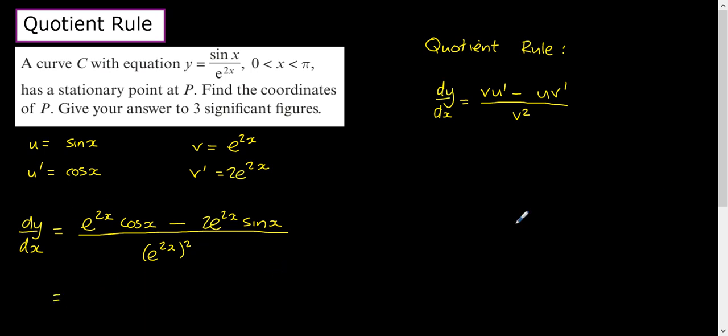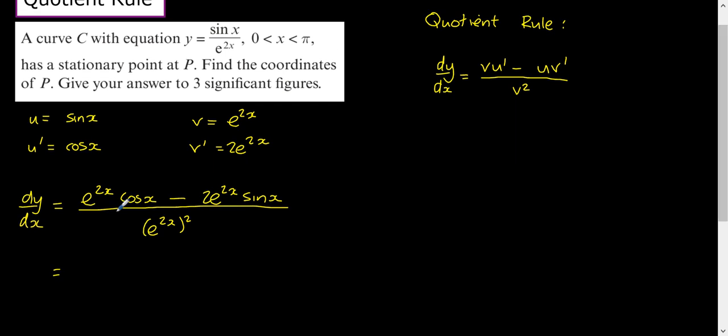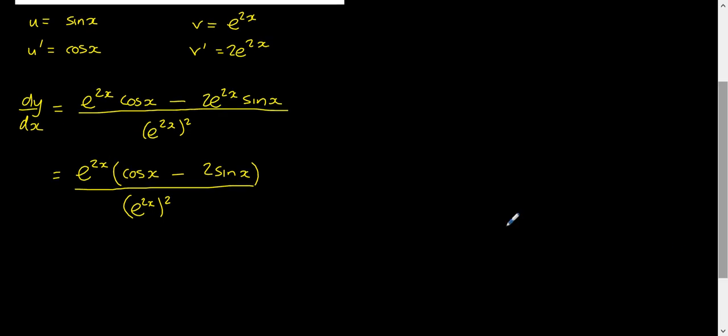So let's do that. We look at this numerator, we can take out e to the 2x as a common factor, and then I just have cos x minus 2 sine x left, and then I've got my e to the 2x all squared, which I haven't turned into e to the 4x, simply because I can see that e to the 2x will cancel with e to the 2x on the bottom, or at least cancel one of these squareds.